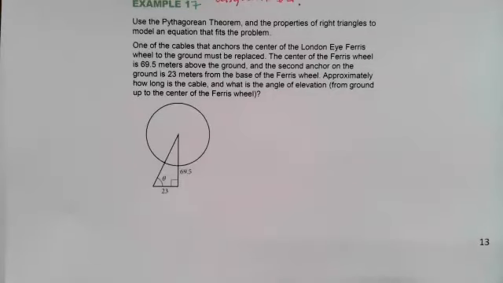So now it's the last video in this section, and it's example 17. It says use the Pythagorean theorem and the properties of right triangles to model an equation that fits the problem. One of the cables that anchor the center of the London Eye Ferris wheel to the ground must be replaced.